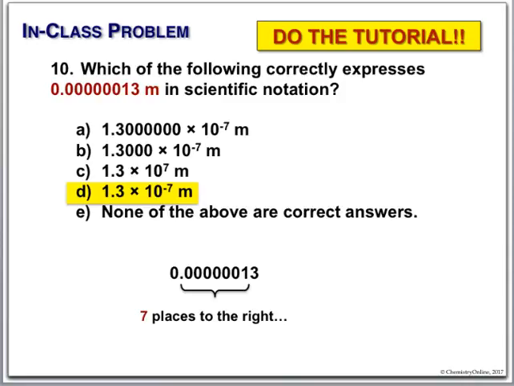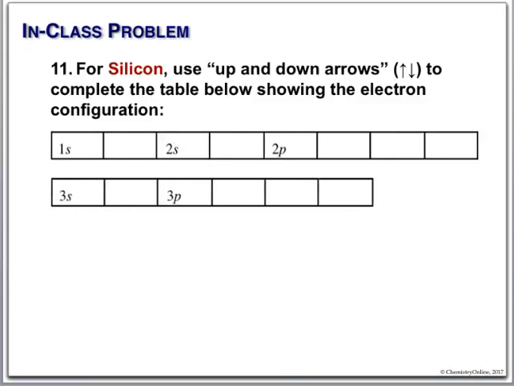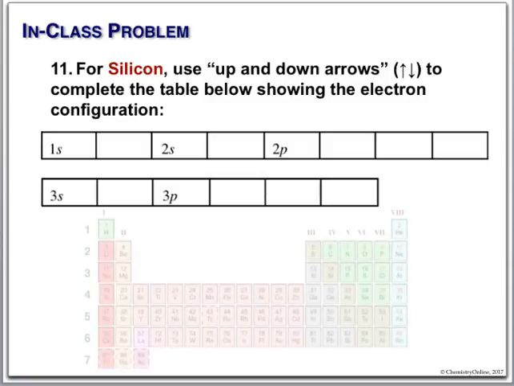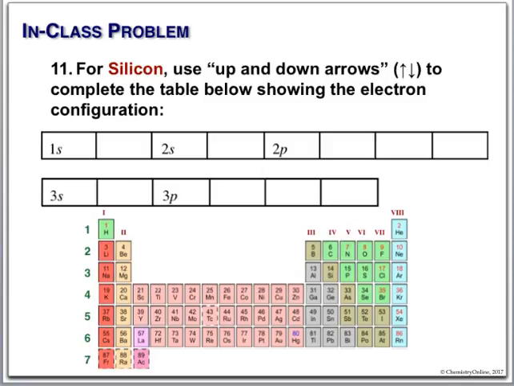All right, well, let's do electrons. Everyone loves electrons. For silicon, use up and down arrows to complete this table. Step 1, you got to find silicon. So here's our periodic table.